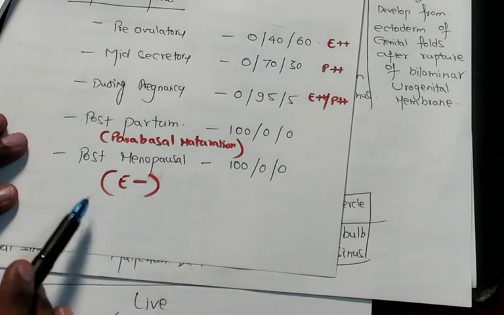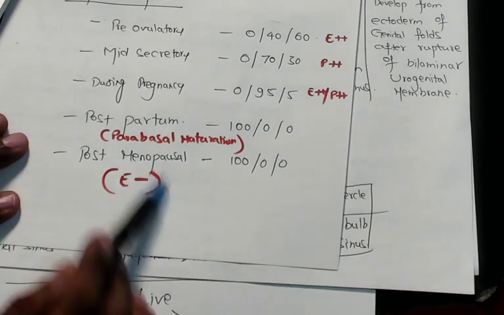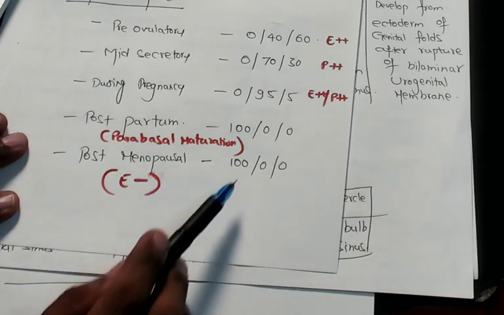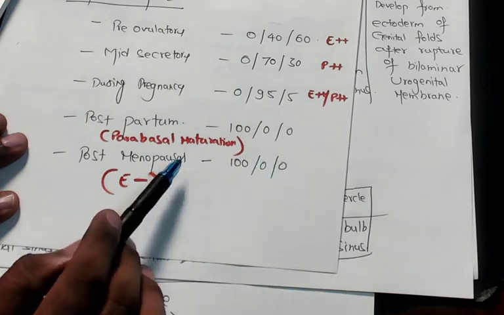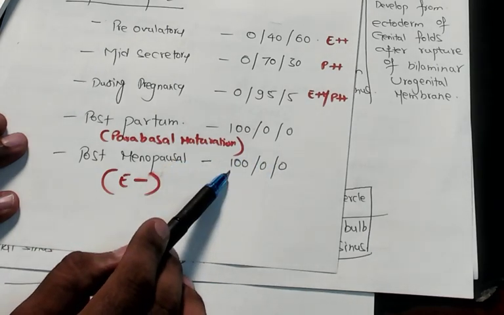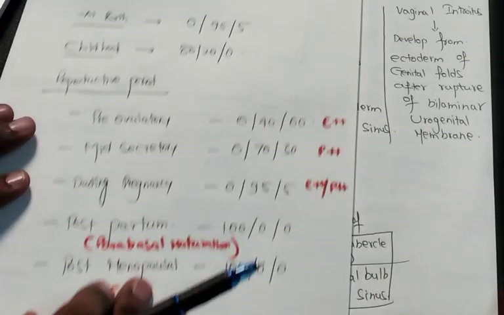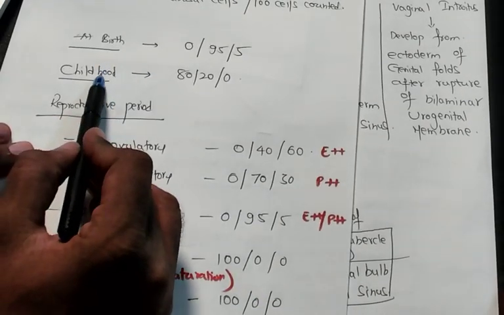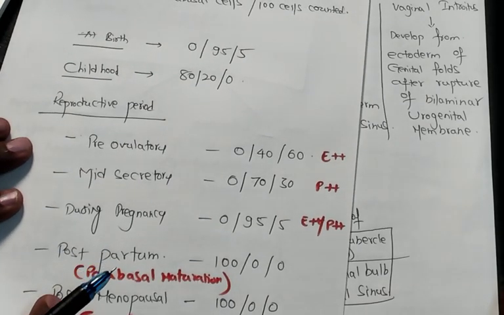Similarly, postmenopausal, there is no estrogen at all. That is the reason it is 100 by 0 by 0. That means parabasal cells, once more, are predominant in the postmenopausal period, just like they are predominant in childhood. That is the point you need to appreciate.